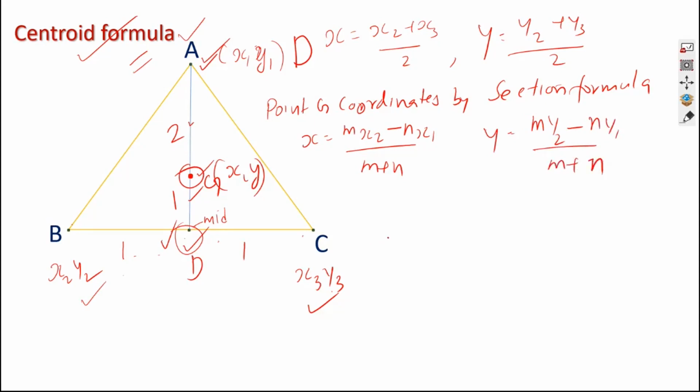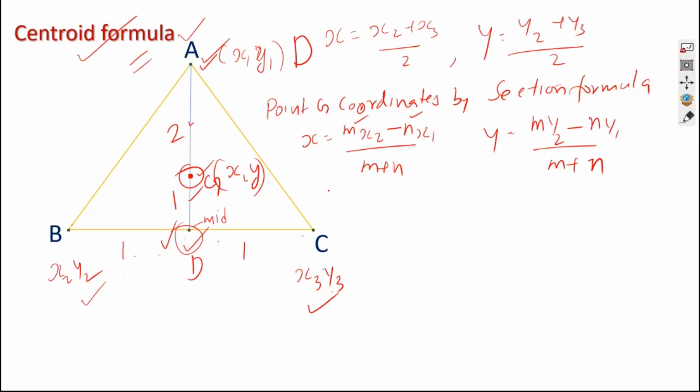If this is the case, why can't we apply that over here? m is denoting the ratio, n is denoting the ratio, x2, x1 are there. We will apply that formula here in order to get the location of G, which is in 2:1 ratio.